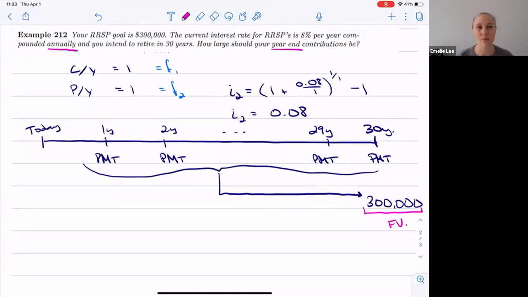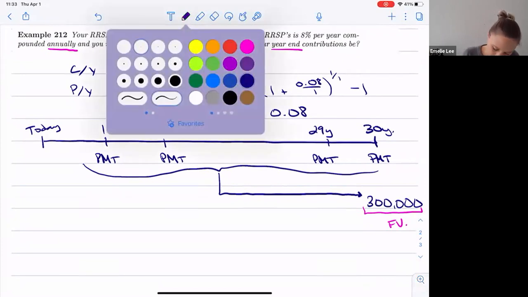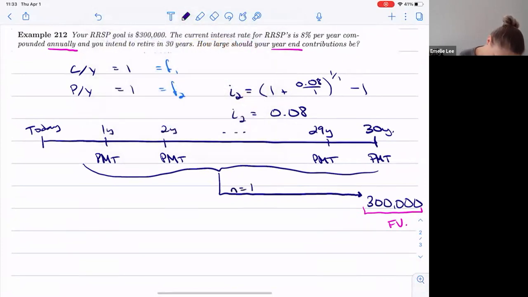How many payments am I making? Well, 30 years, once a year. Again, it's the time times F2, which is 30 times 1, which is 30 payments.